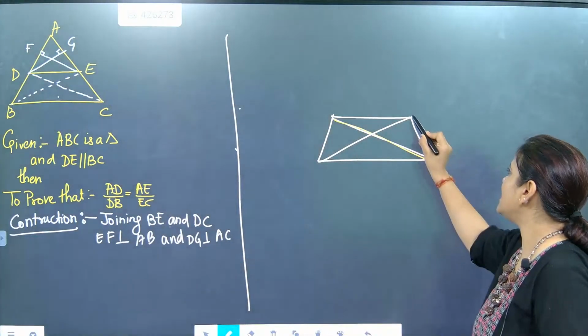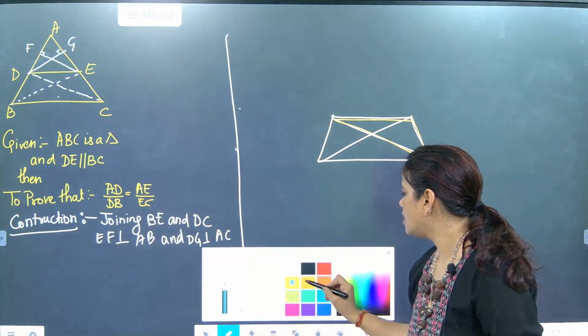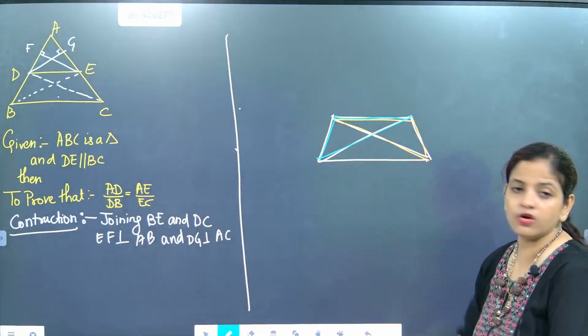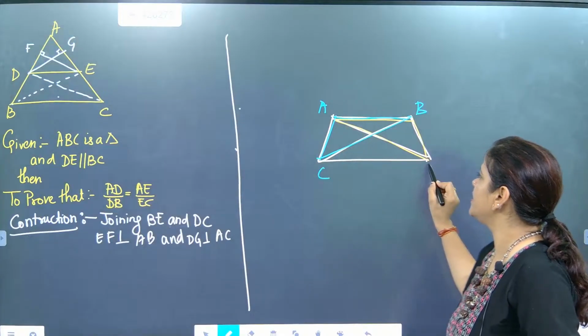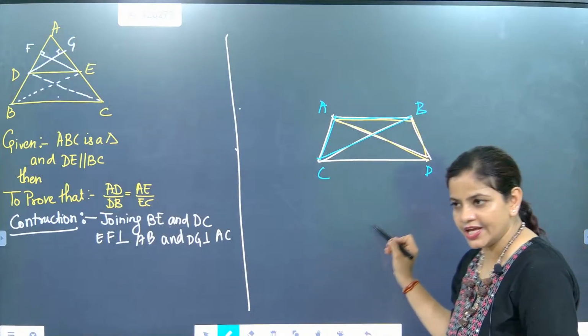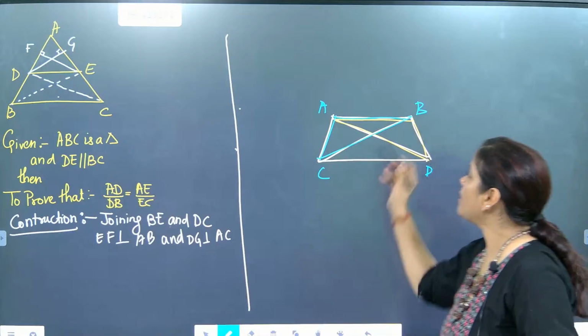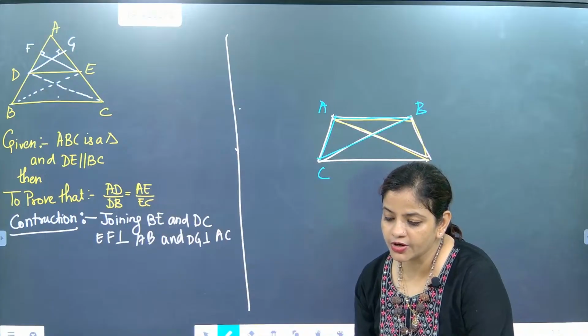One triangle coming like this, and another triangle coming like this. AB and CD are the two parallels. So AB is parallel to CD. How many parallels are there? Two. And how many triangles? Two triangles.